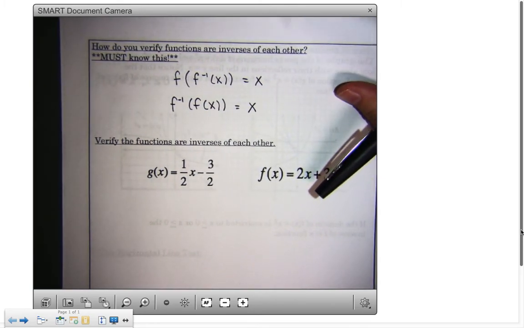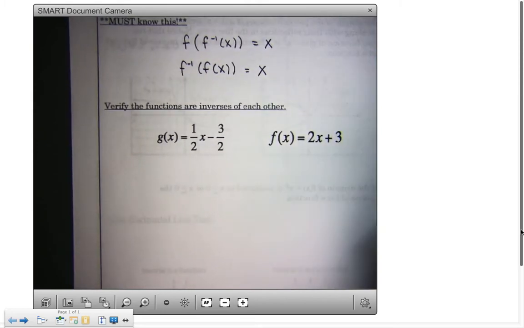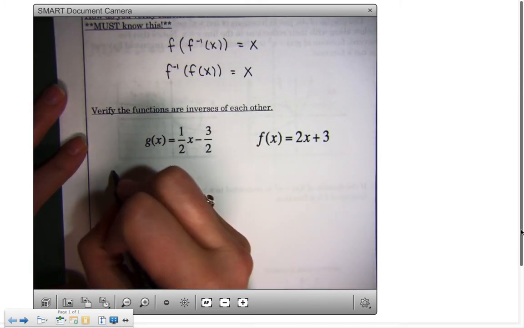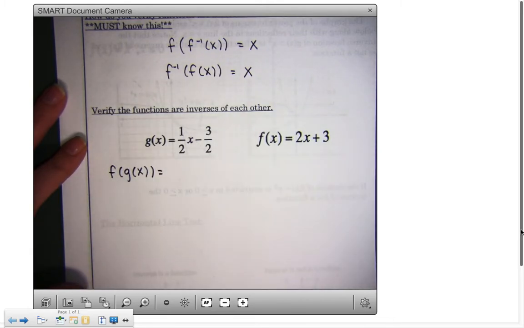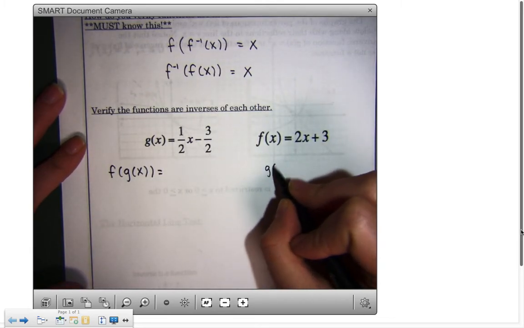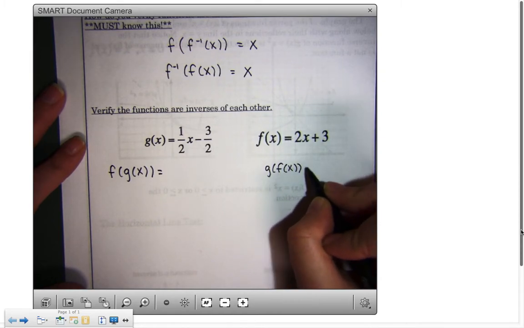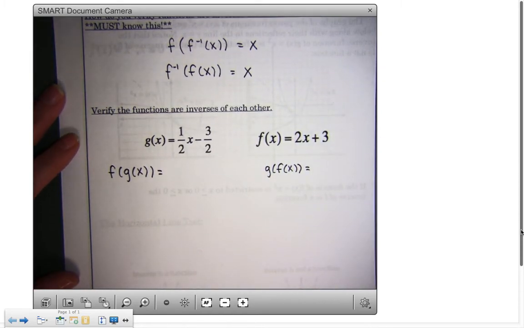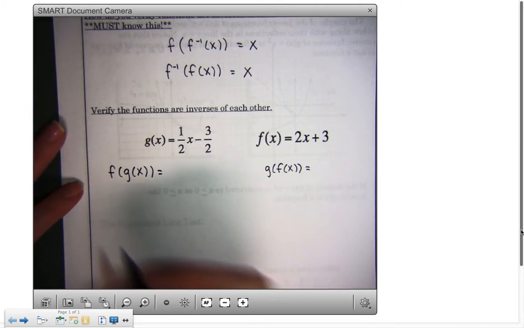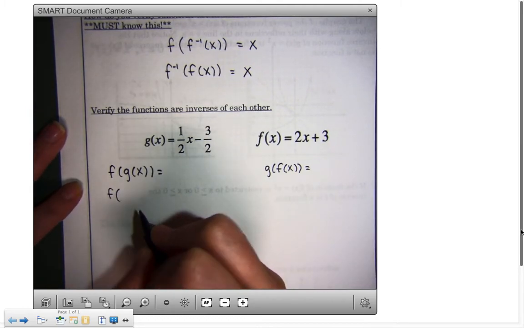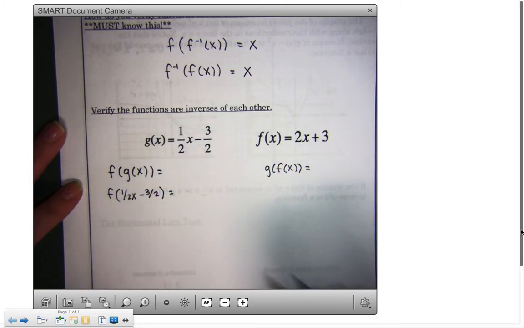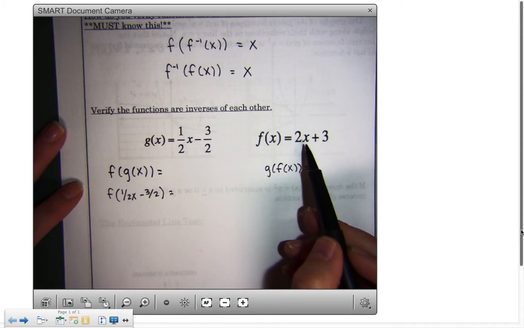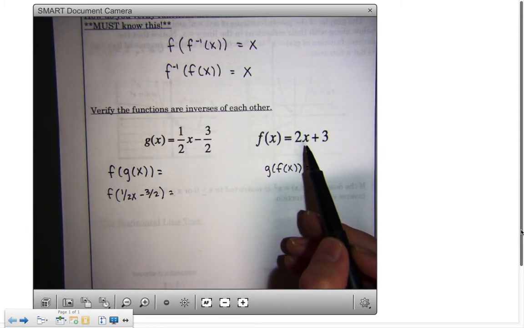So let's try that with g of x and f of x. We're going to have to show f of g of x, and show that that simplifies to be x. And we're also going to have to show g of f of x. You're going to have to show it both ways. If I do f of g of x, I've got f of 1/2 x minus 3/2. That means everywhere there's an x in f, I'm going to replace it with 1/2 x minus 3/2.